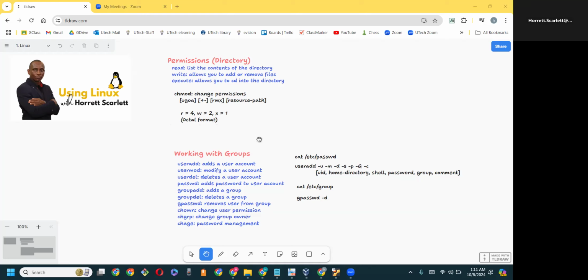That's just how the maths works out. So here's the thing. We can use 3 digits to represent the owner, the group, and other. And by virtue of the value that we place there, it will tell us the kind of permissions that we are setting. So let's jump over into the portal and do a few examples so that you can see what is happening.